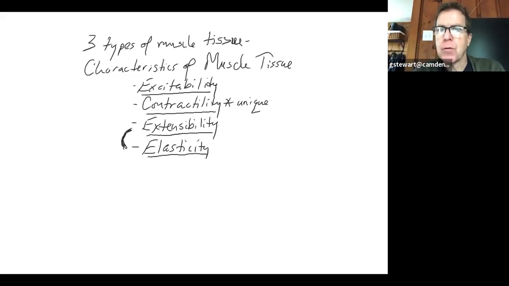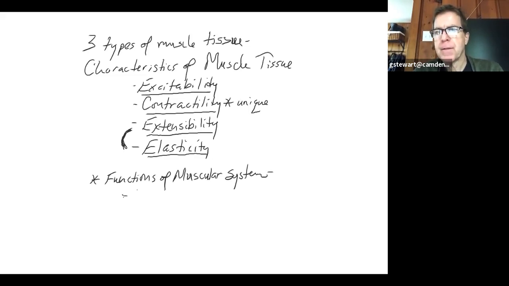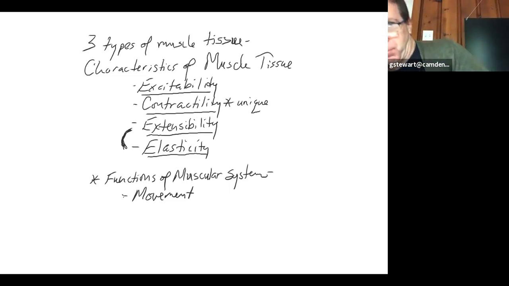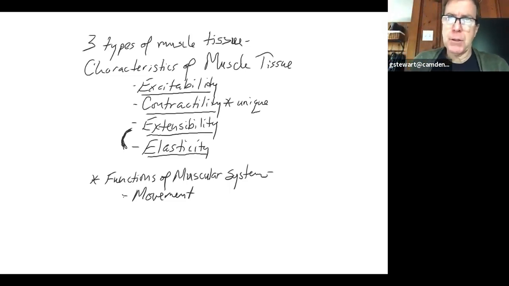All right, now I'm just going to list major functions. This is of the muscular system, not just of muscle tissue, but of this organ system. And this system produces movement because in general, when a muscle cell or the muscle tissue shortens, that produces some sort of movement.